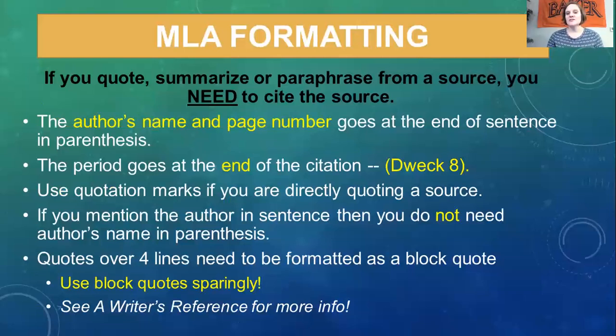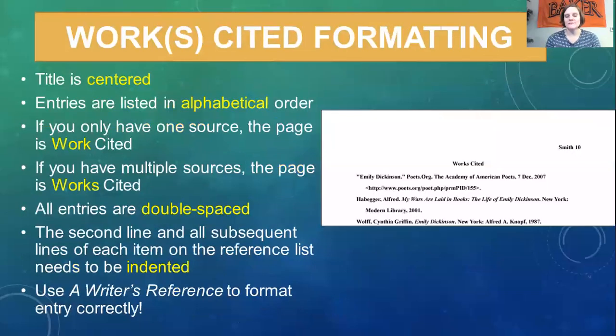I do caution students that really at this level you shouldn't be using block quotes. It's more important what you have to say and how you're using that information in your paper. If you want to know more about block quoting or have questions, look in your Writer's Reference for more information. This is very quick and very brief. Again, look in Moodle for some more information.